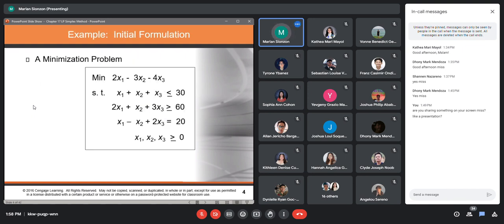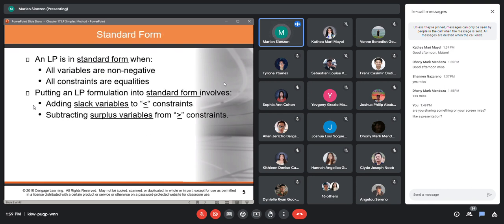In this case, this is not in standard form because this is an inequality, this is an inequality, and only this one is an equation. Putting an LP formulation into standard form involves adding a slack variable for the less than constraint and subtracting a surplus variable for the greater than constraint.